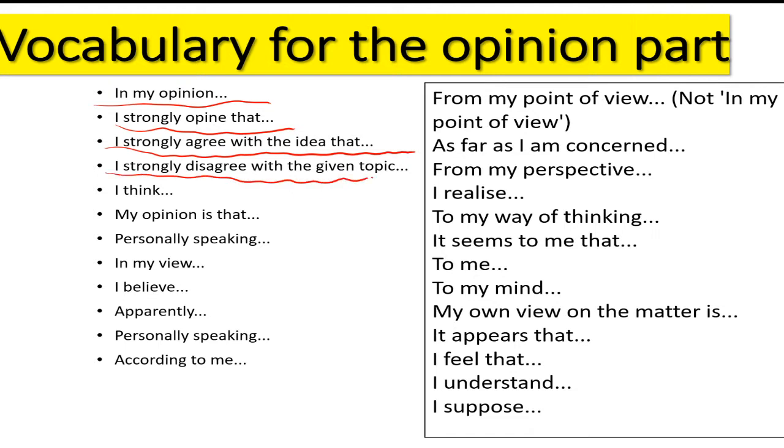I strongly disagree with the given topic. I think, my opinion is that, personally speaking, in my view, I believe, apparently, and according to me.